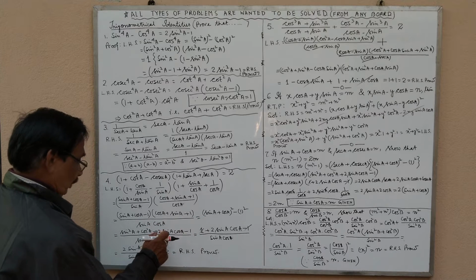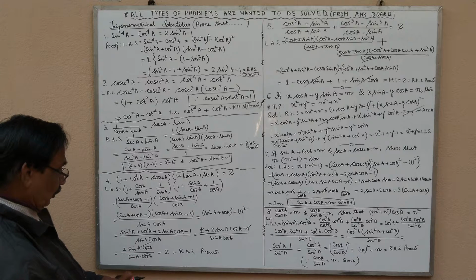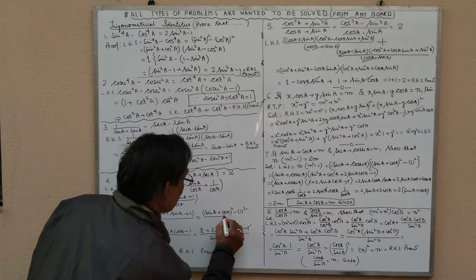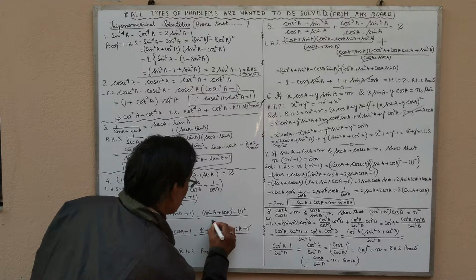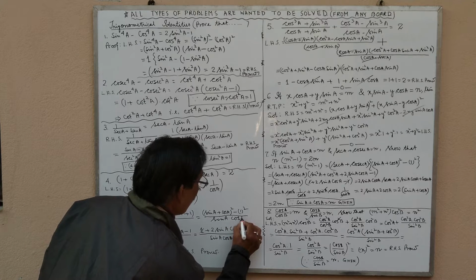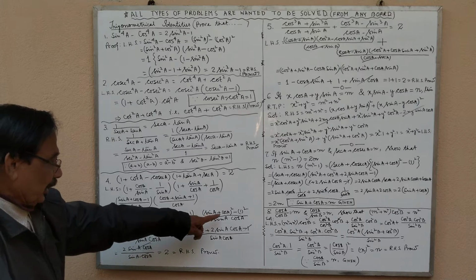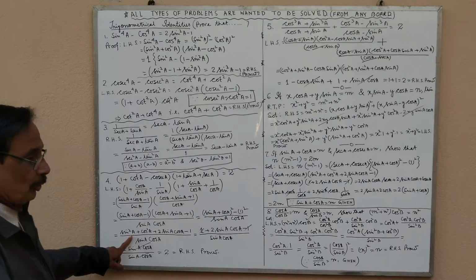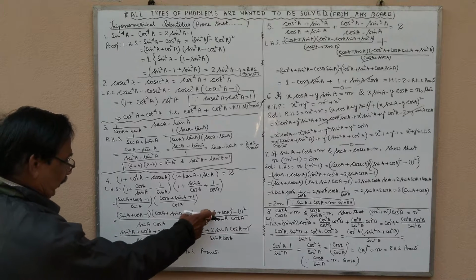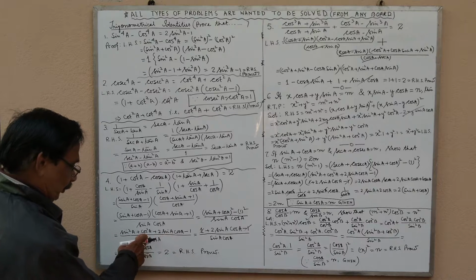Sin a plus cos a, then (sin a minus cos a) whole square, formula: a square minus 2ab plus b square, and plus 2ab plus b square.